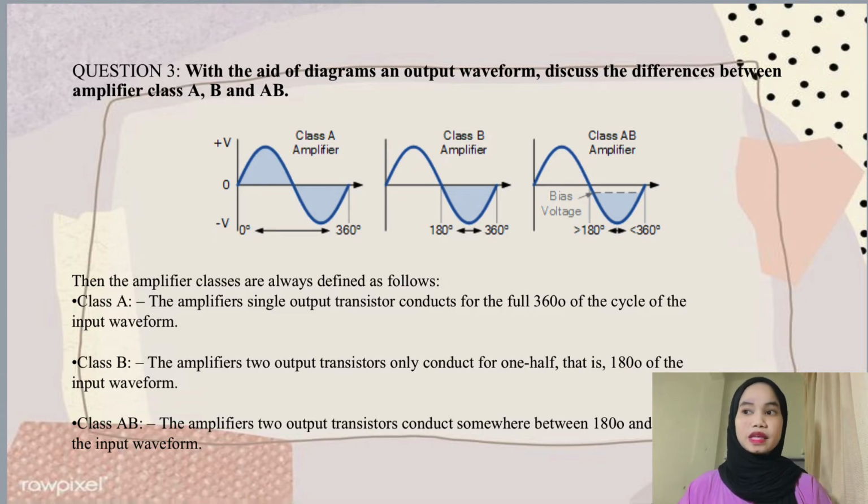And for class B, the amplifier 2 output transistors only conduct for one half, that is 180 degrees of the input waveform. And for the last, class AB, the amplifier's 2 output transistors conduct somewhere between 180 degrees and 360 degrees of the input waveform.